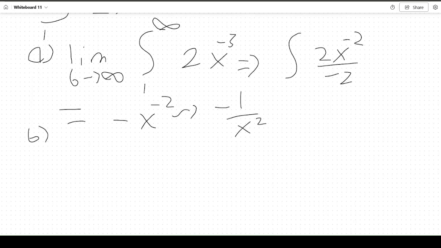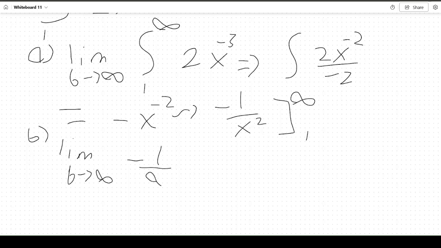So now we're going to find the limit. This would be the limit as b is substituted for infinity, and we're going to plug in our numbers for x.